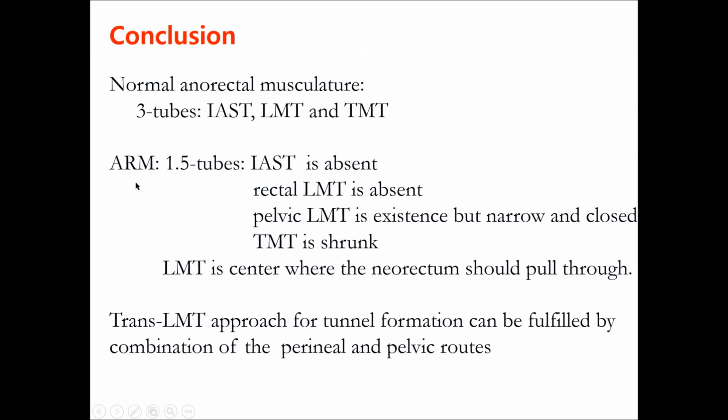In ARM, only 1.5 muscular tubes are present. The internal anal sphincter muscle tube is absent. The rectal longitudinal muscle tube is absent.